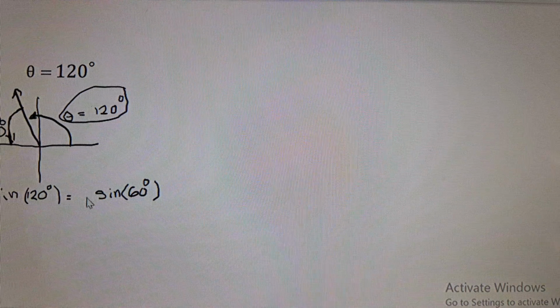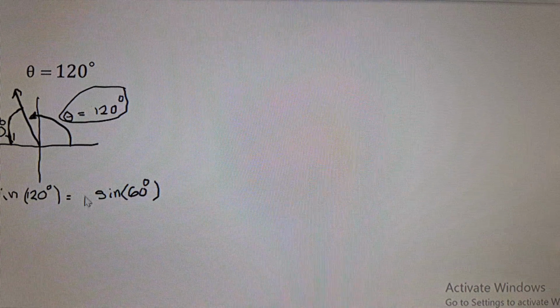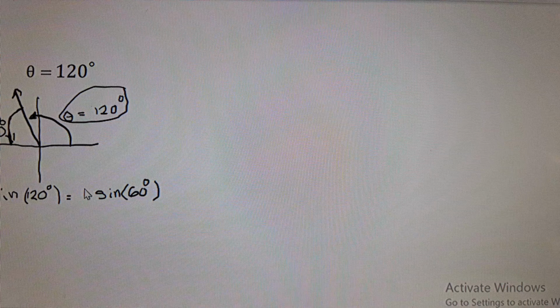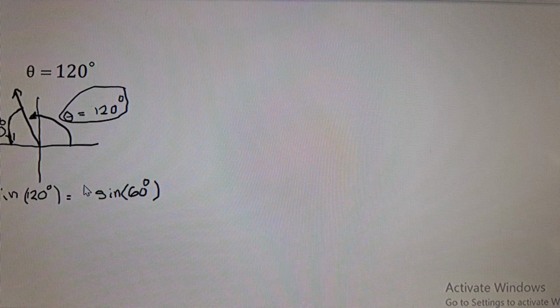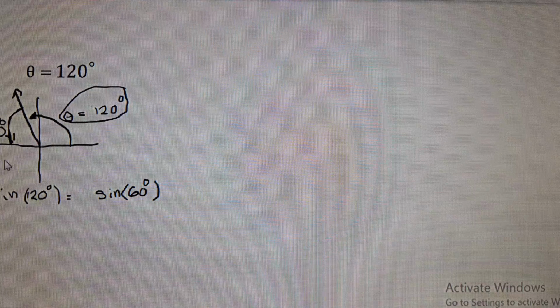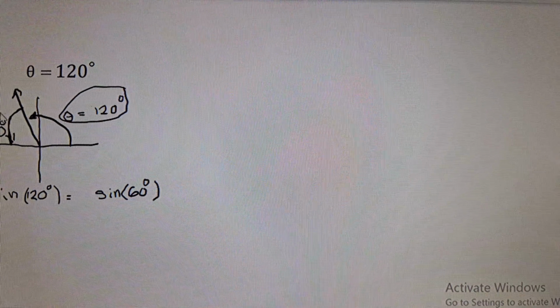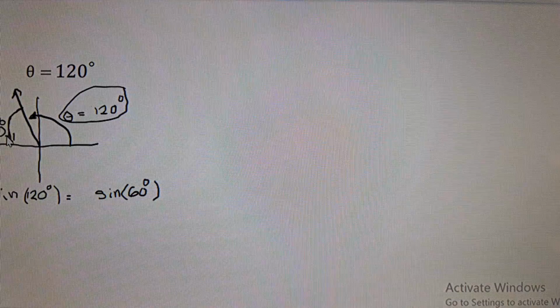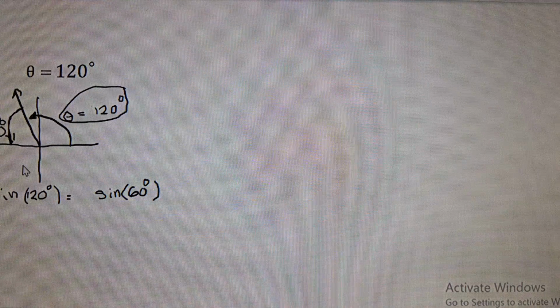We need to be careful about the sign here, and we need to be careful about the magnitude of the reference angle. So let's take a look.